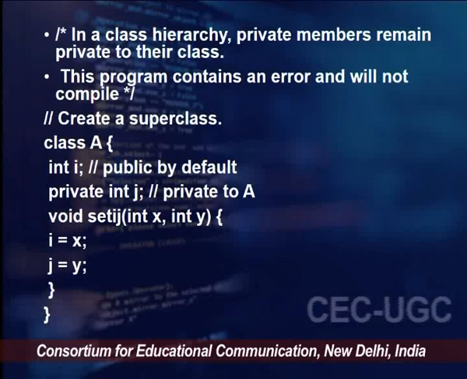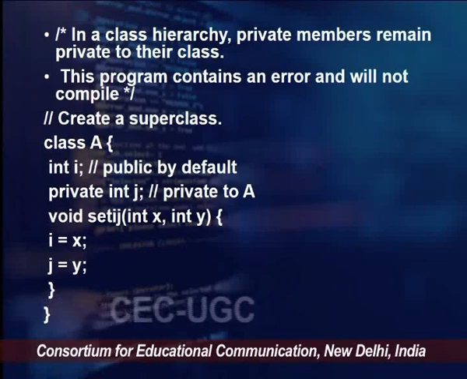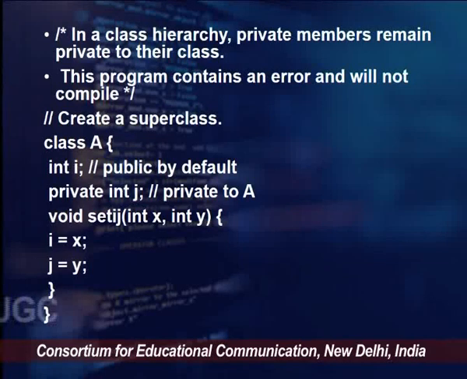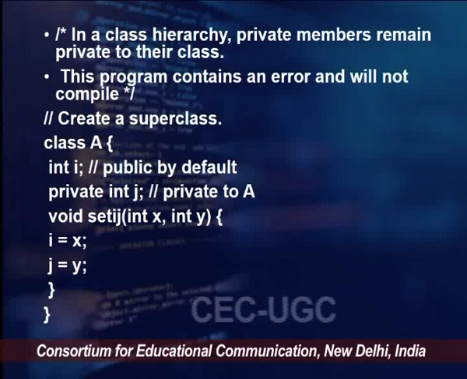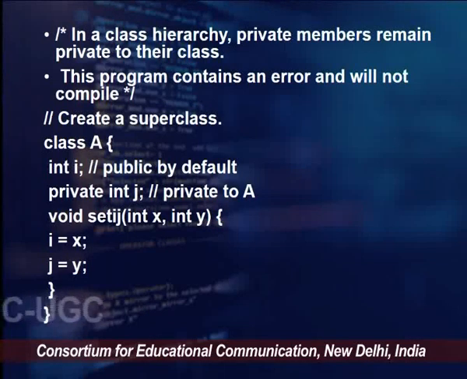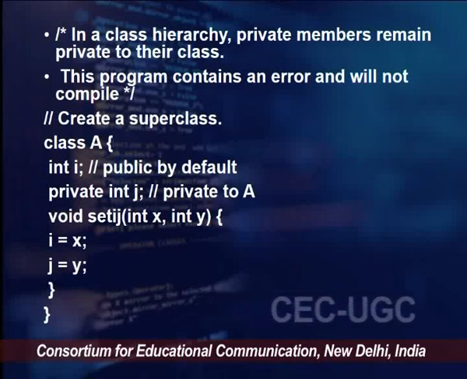And then we have a private integer j. If we say private, that means it is private to A, while integer i is by default package private. Then we have set ij, which takes two variables as parameters and assigns the value of x to i and the value of y to j.